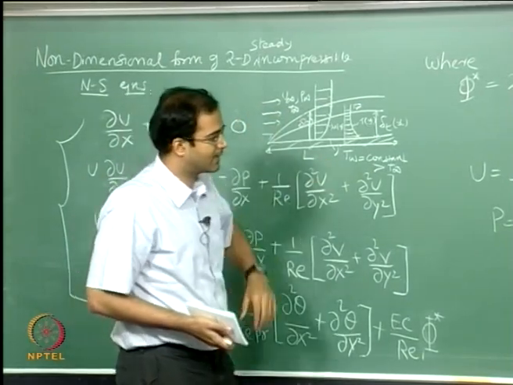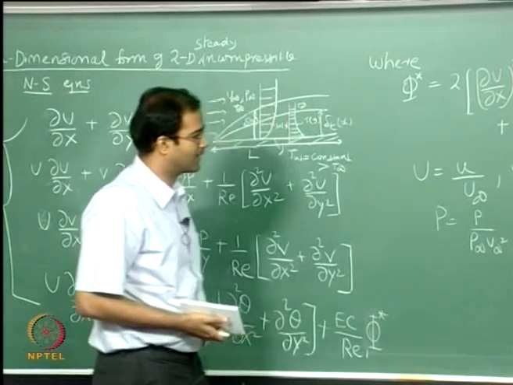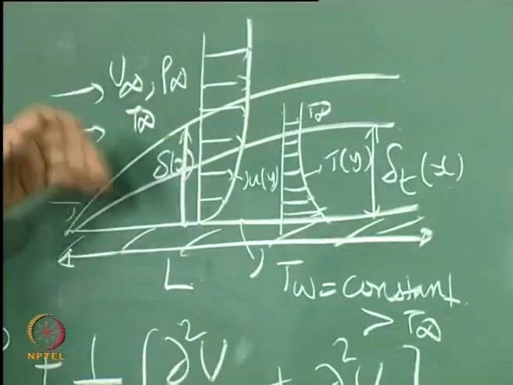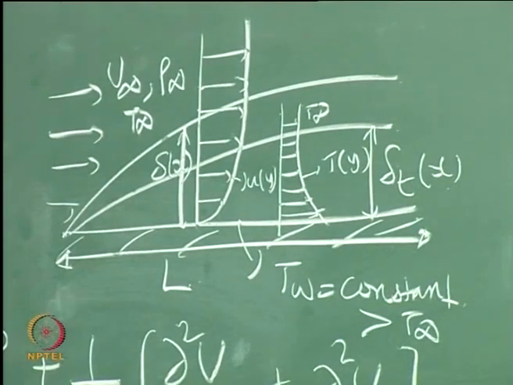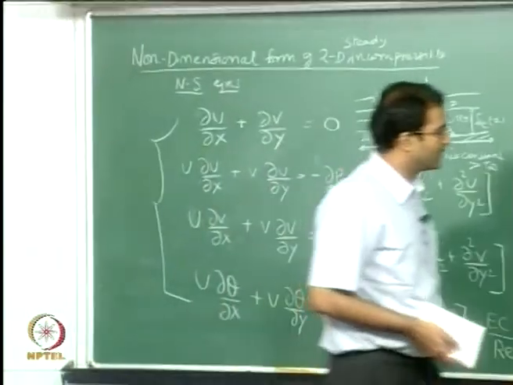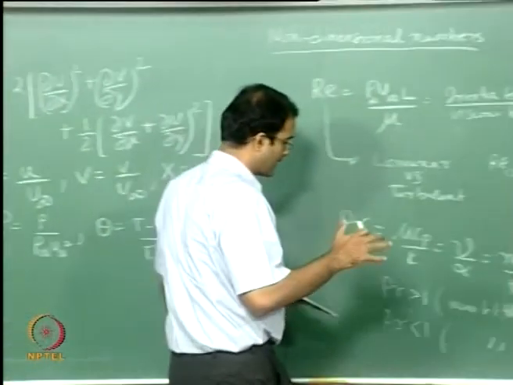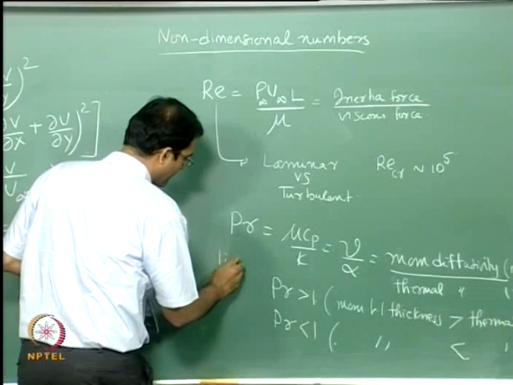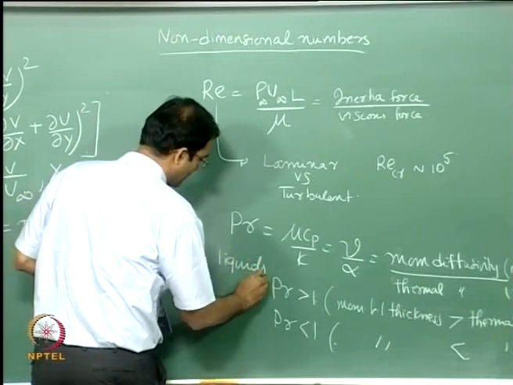These are classifications where you can identify how the velocity boundary layer thickness grows with respect to the thermal boundary layer thickness. Typically for gases you will have a Prandtl number close to 1, and for liquids much greater than 1.